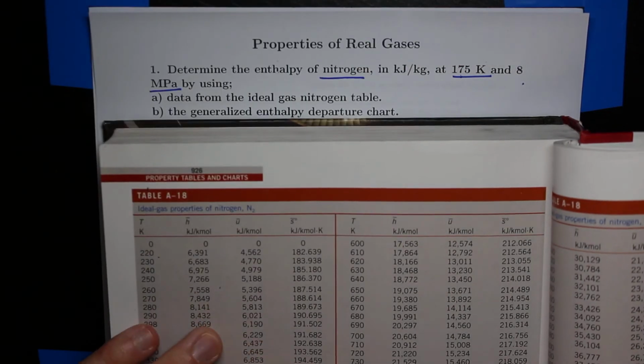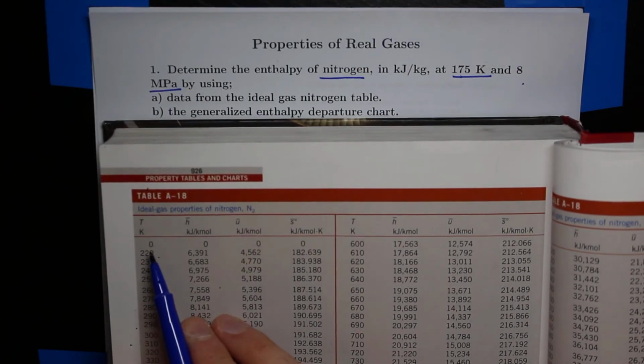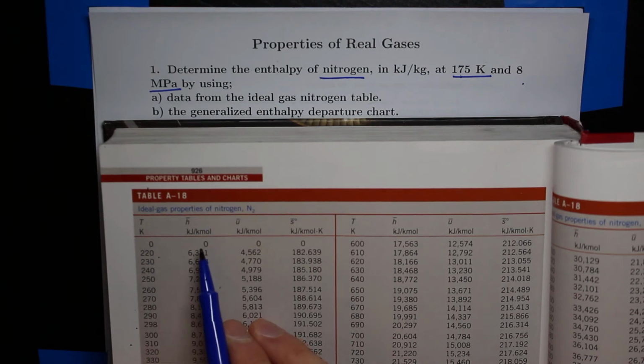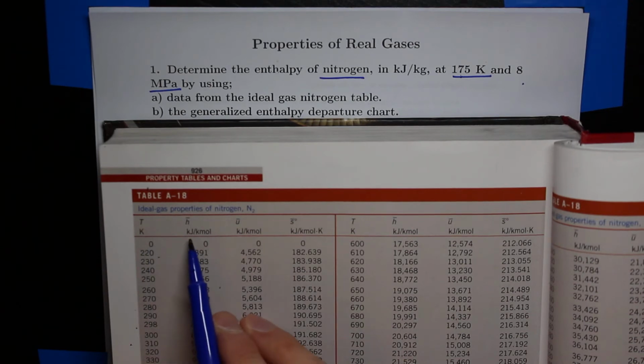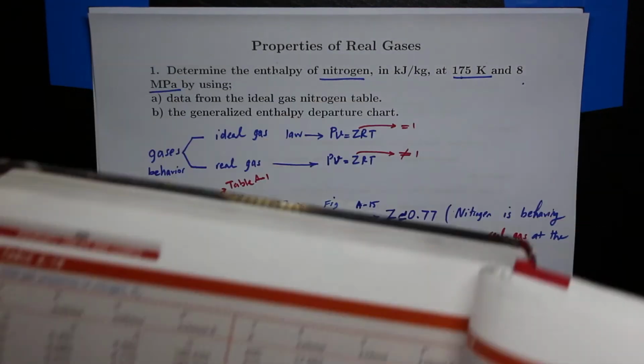So what I'm going to do, I'm going to do the interpolation to obtain the enthalpy H bar at our temperature, which is 174. The unit of that enthalpy is going to be kilojoule per kilomole. So for the next step, I need to work with the unit to convert it to kilojoule per kilogram.